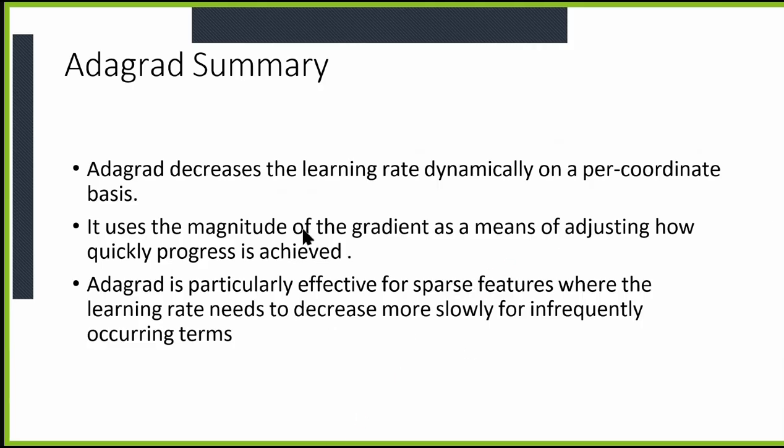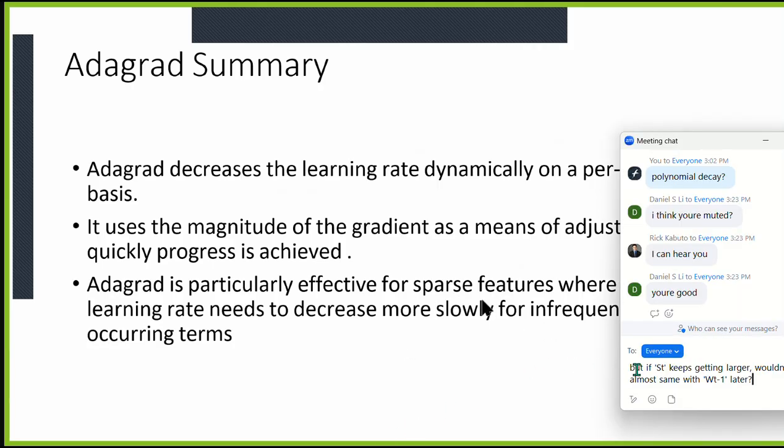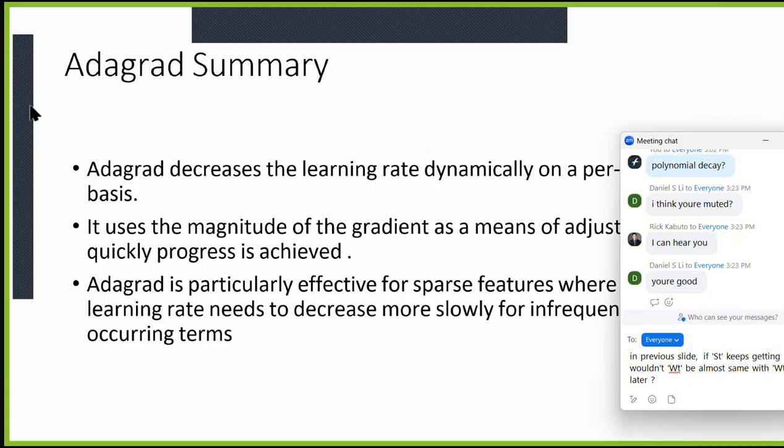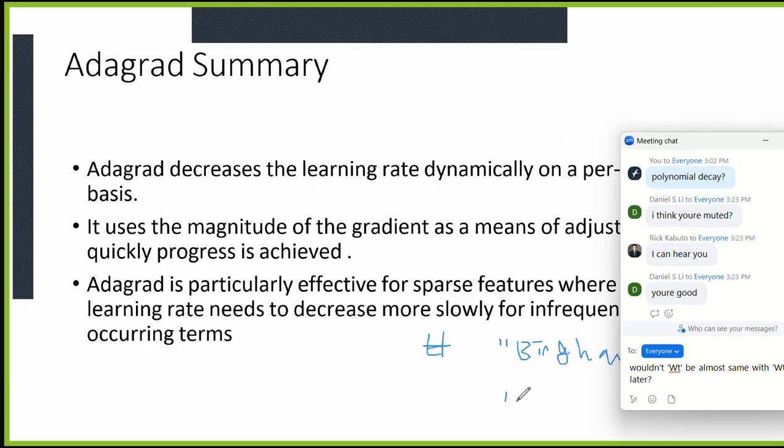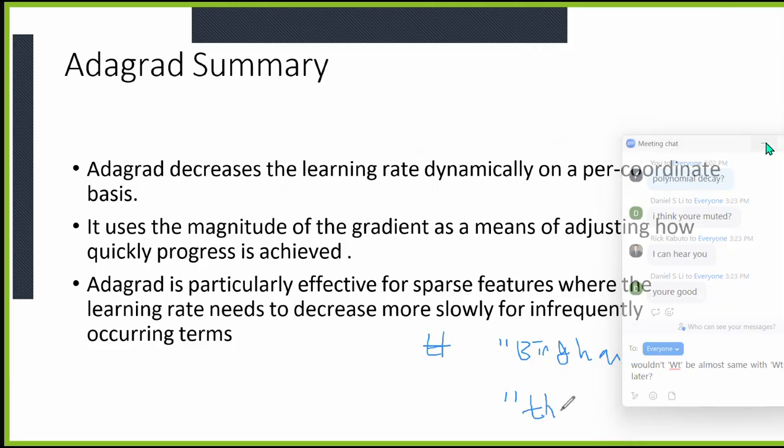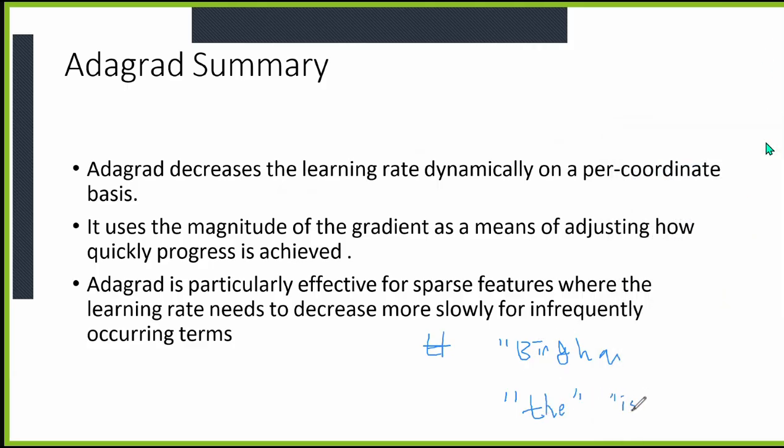Another caveat is that this can be effective for sparse features. This is the natural language processing example of the less frequent feature associated with the vocabulary Binghamton, compared to the more frequently occurring items such as the or is. So we are treating them differently.